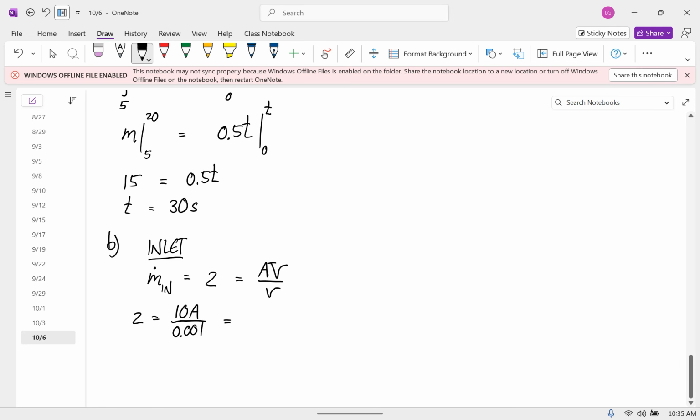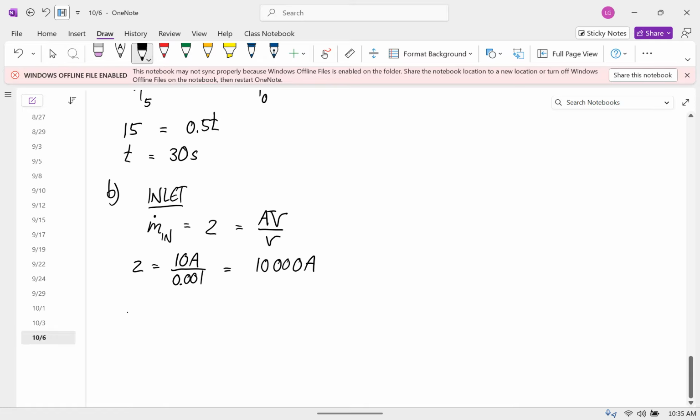And so 2 is equal to 10,000 A. And so the area of that aperture is 0.0002 meters squared.